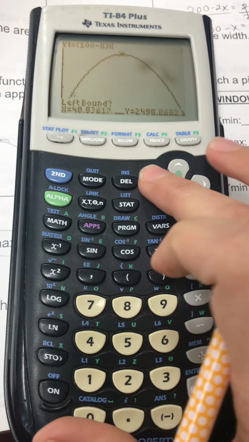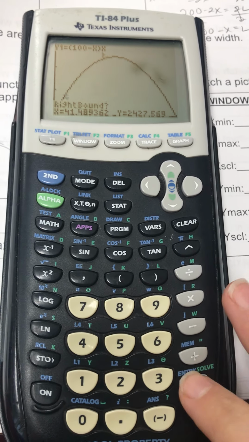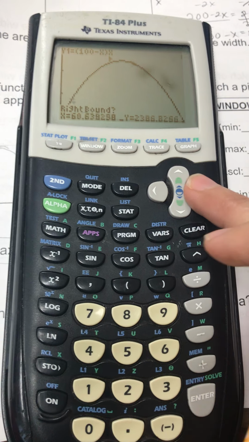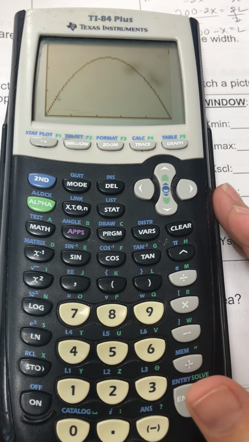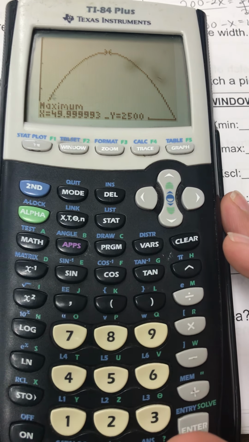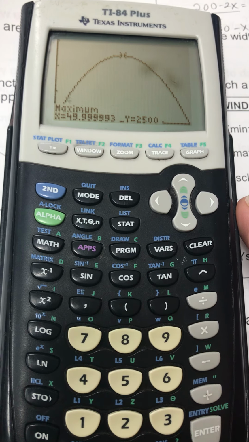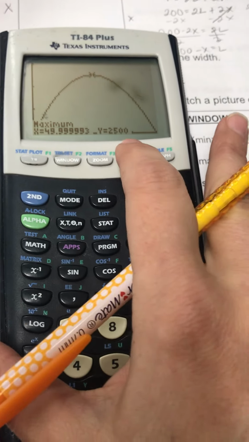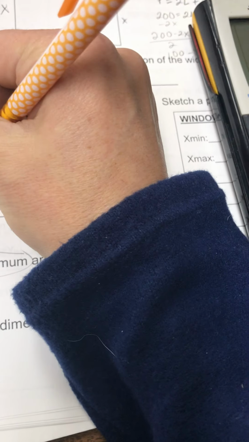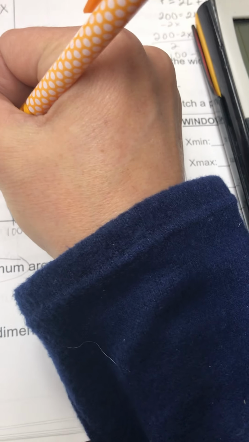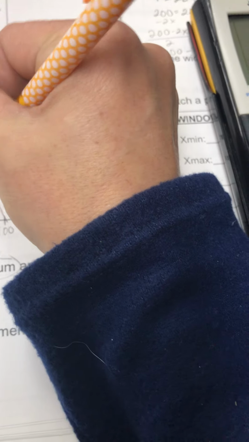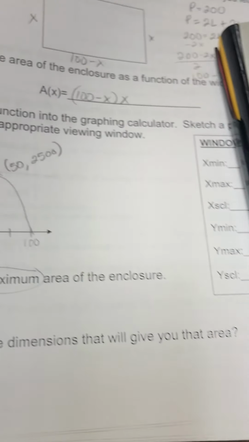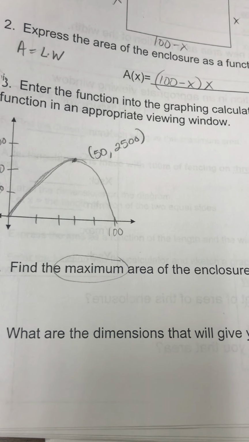Now you're going to go to the left side of it, and you're going to go to the right side of it, and then enter through the guess. And you're going to get 49.99999, and your y is equal to 2,500. So this rounds to 50, and your y is 2,500. So your peak point right here is going to be 50 and 2,500. That's your maximum point.